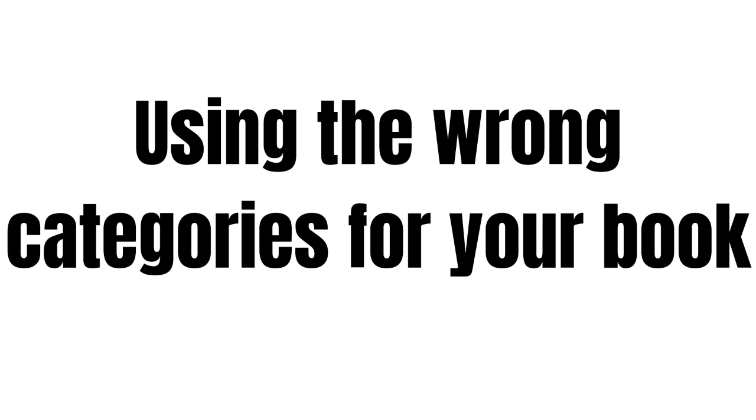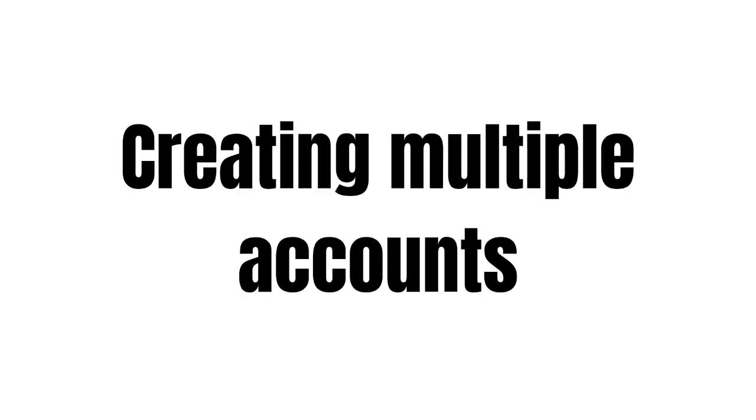Number 5 is creating multiple accounts. Let's say, for example, your account was terminated for doing some things. You decided to create another account. Amazon will still terminate that account because you are using the same name, the same account details, you just use everything the same.